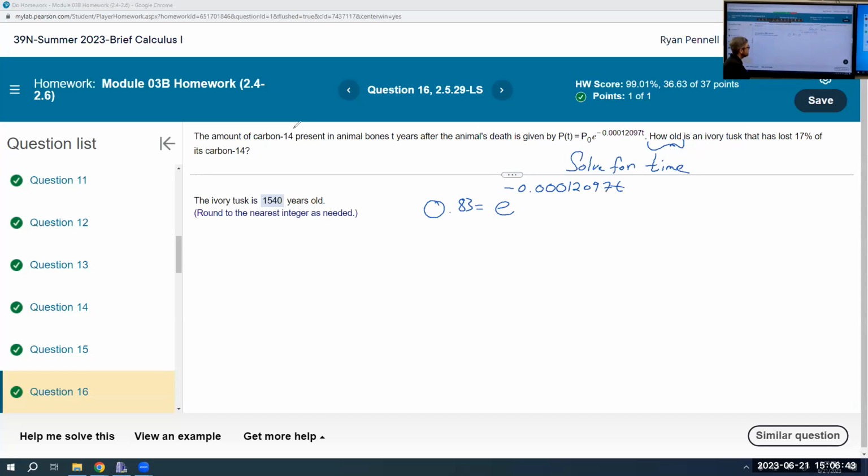I want to solve for t. How do I do that? Well, this is just an algebra problem. It's just a particular sticky one. Let's do it. Natural log of 0.83 equals natural log of e.